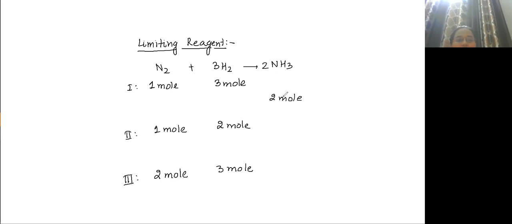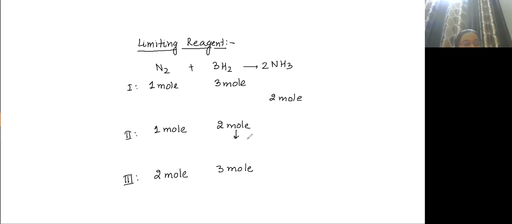Now in second condition, which is limiting reagent? 1 mole of N2 require how many moles of H2 for the complete reaction? Correct. It requires 3H2, but only 2H2 is present. So will you agree that H2 is present in smaller amount?